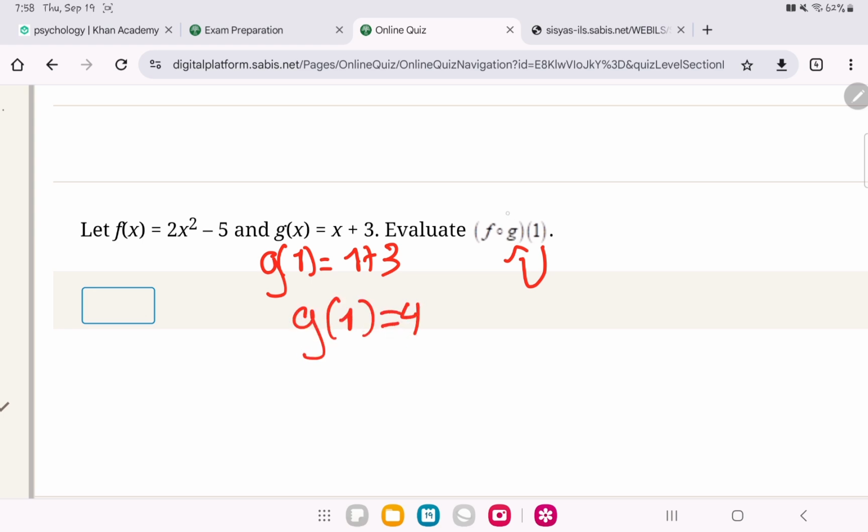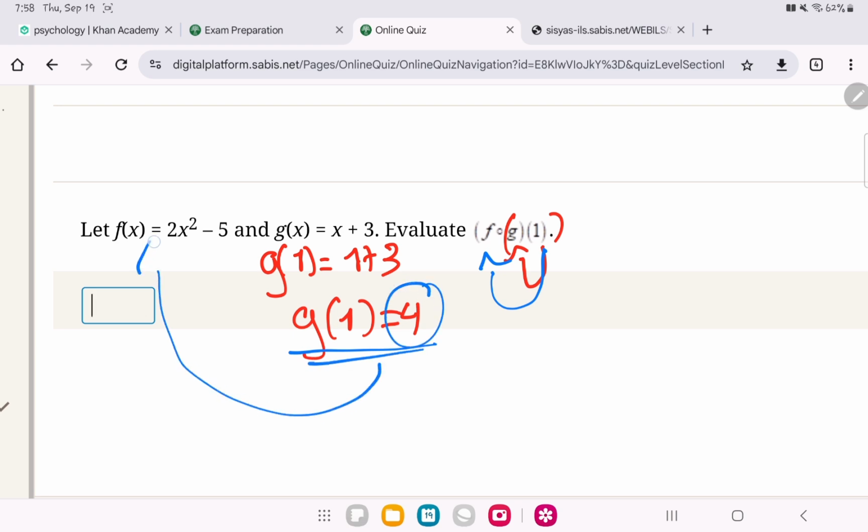Now we need to substitute the g of 1 in the f. We know that g of 1 is 4, so we substitute it in the fx. That means for every x in the value of fx, we put 4 in its place.